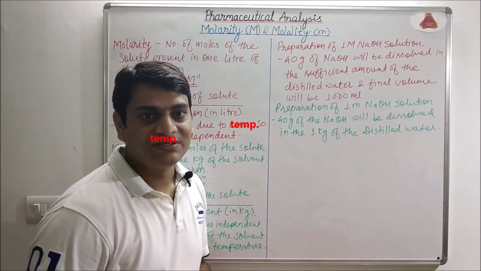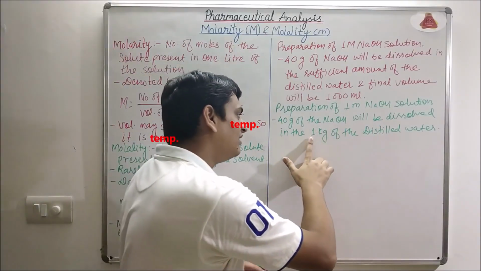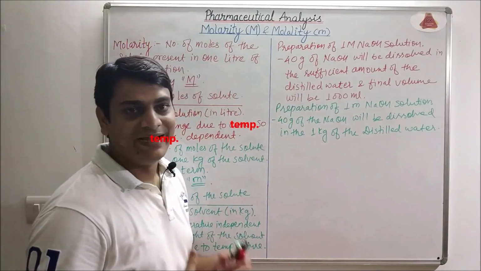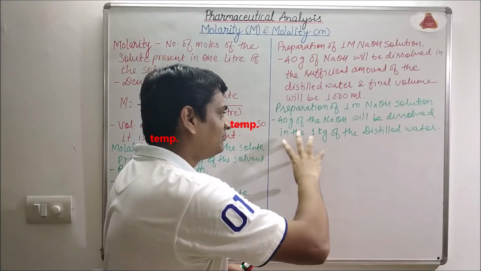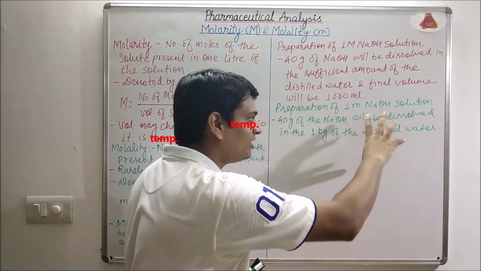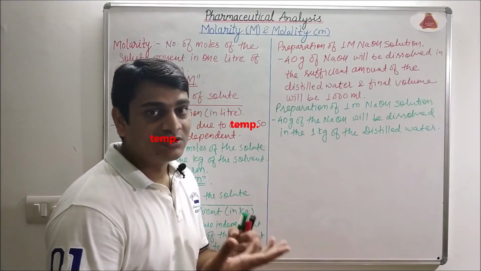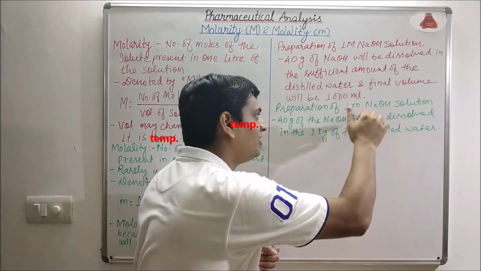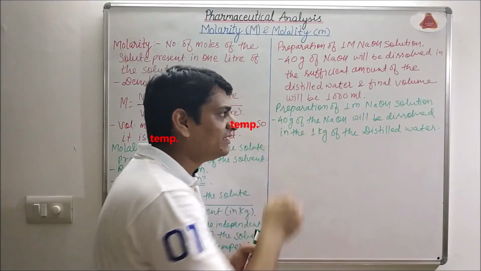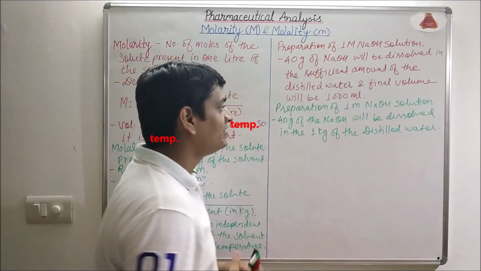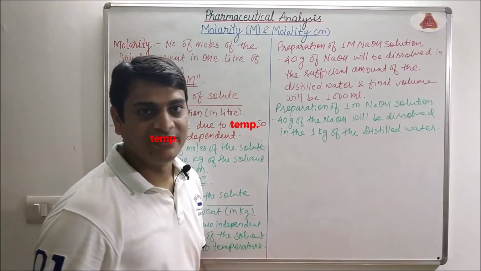If the density of distilled water is 1, then it will be 1000 ml plus the volume of the NaOH will be added. So ultimately the total volume of this 1 molal solution may exceed 1 liter. If the density is more than 1, the final volume of 1 molal NaOH may be lower than 1000 ml. So this is the basic difference between 1 molar NaOH solution and 1 molal NaOH solution.